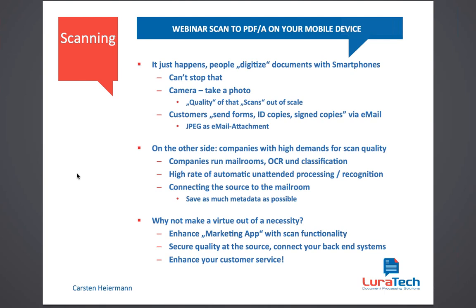The thing is, it just happens out there. People probably don't call it digitizing documents with smartphones. They probably call it just, I take a photo of a document and send that to a company that requested me to send some additional documents. In the past, people probably used to fill out a form, copy their ID, or create a signed copy, and put that in an envelope and send it by mail.